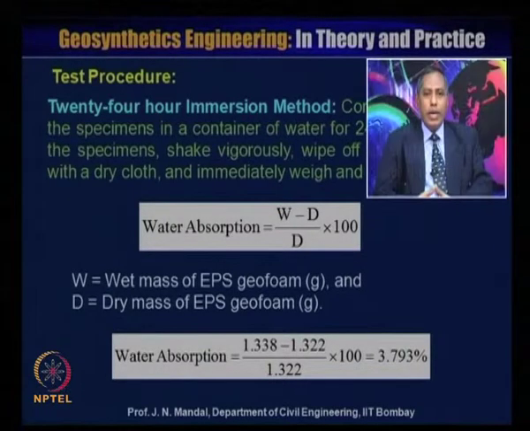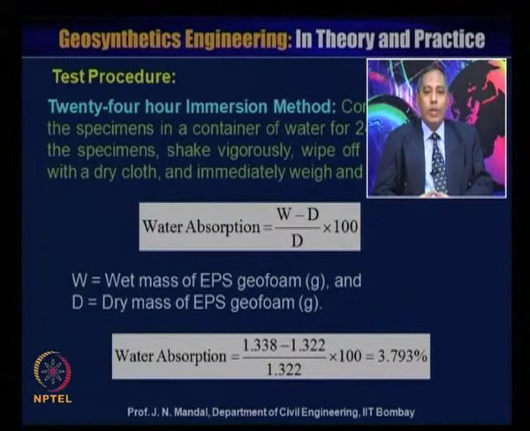And then you can calculate the water absorption. Water absorption is equal to (W minus D) divided by D, into 100, where W is the wet mass of the expanded polystyrene geofoam in gram, and D is the dry mass of the expanded polystyrene geofoam in gram.